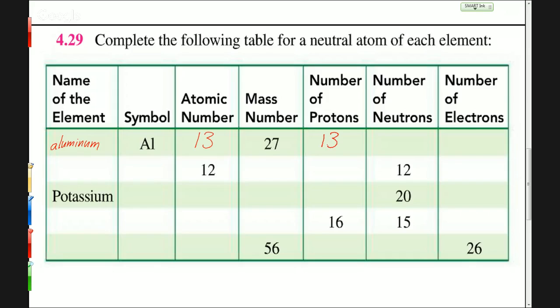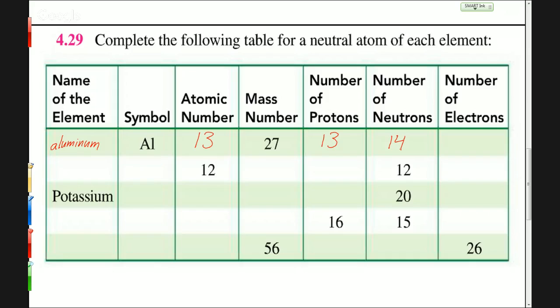13, because the atomic number tells us the number of protons. How many neutrons? How do you know 14? Yeah, because the protons plus the neutrons have to equal the mass number, which is 27. So 27 minus 13 is 14.